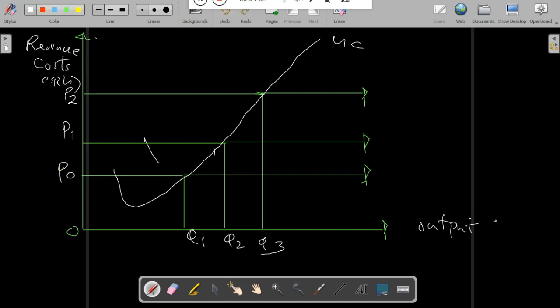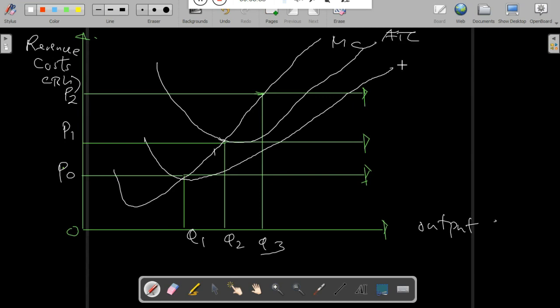So we have the average variable cost and we have the average total cost that are cut across at that point over there, as you can observe.